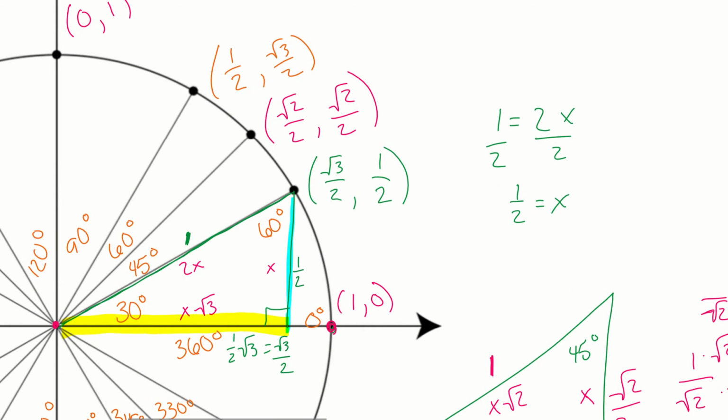Let's take a look at some commonalities. So my first point and my third point, not including the ones on my axis here. I notice that they have the same numbers, but they're flip-flopped, right? So once again, we talked about the 30, 60, 90 triangle. It's the same ratios, but the 30 and the 60 get flipped.